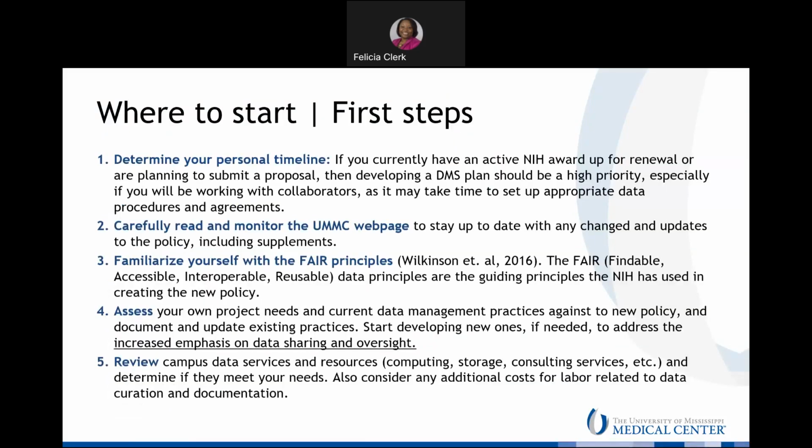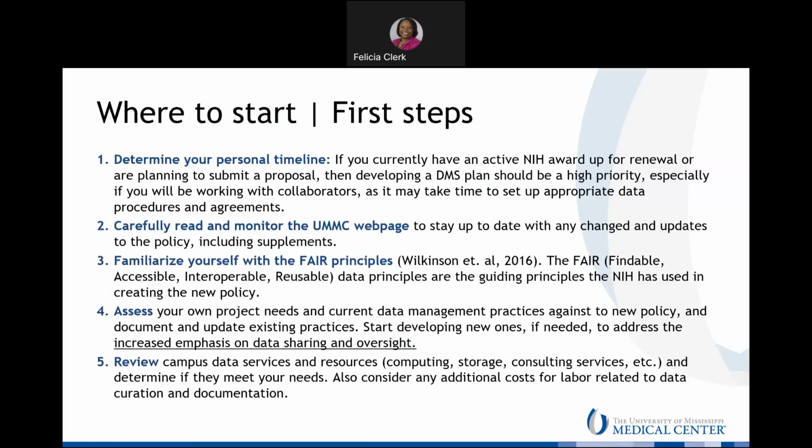So here are a few first steps to take into consideration when you're preparing not only your grant application, but when you're thinking about your DMP. Determine your personal timeline. If you currently have an active NIH award up for renewal or are planning to submit a proposal for the upcoming deadlines, then develop a DMSP.